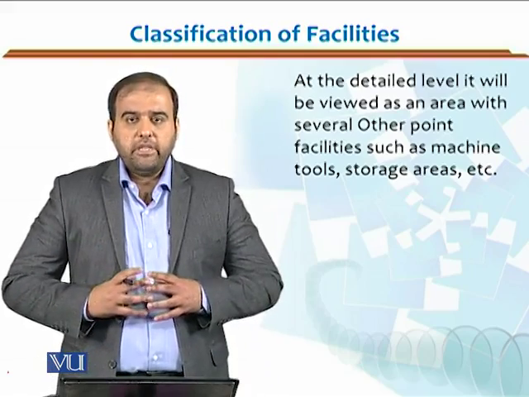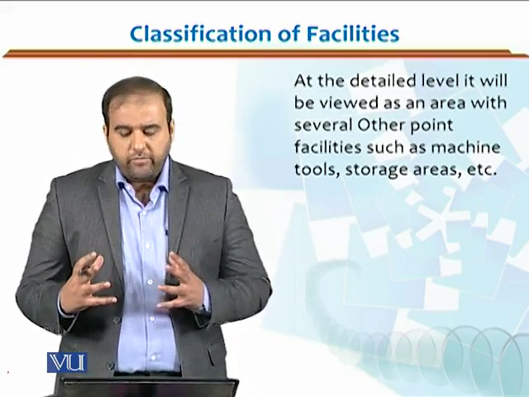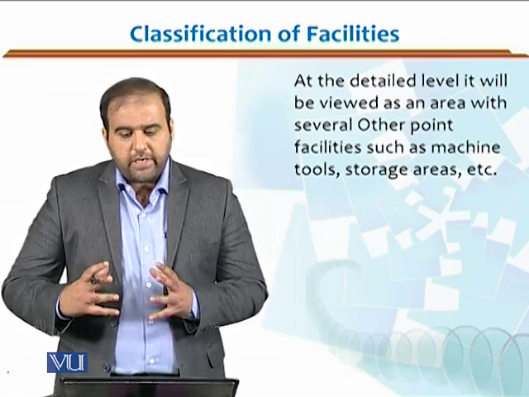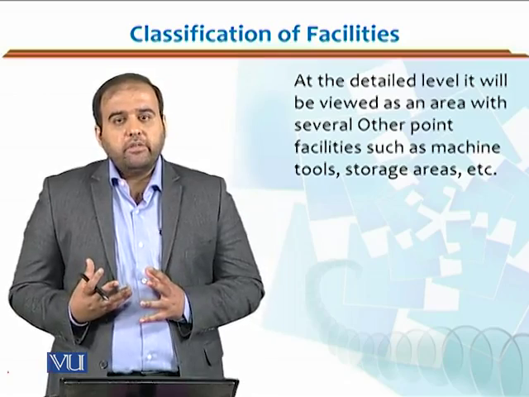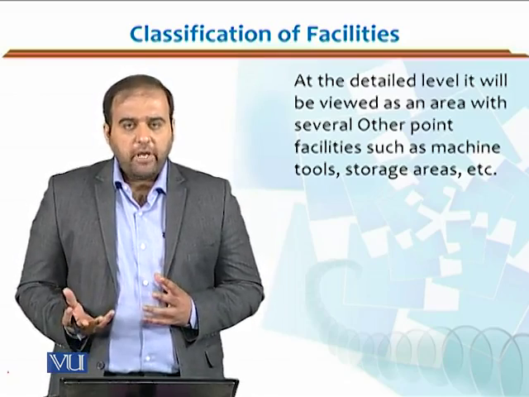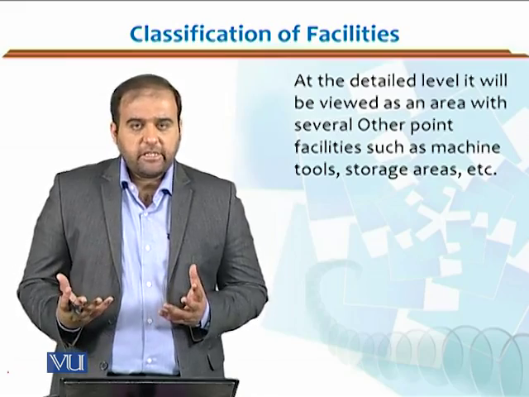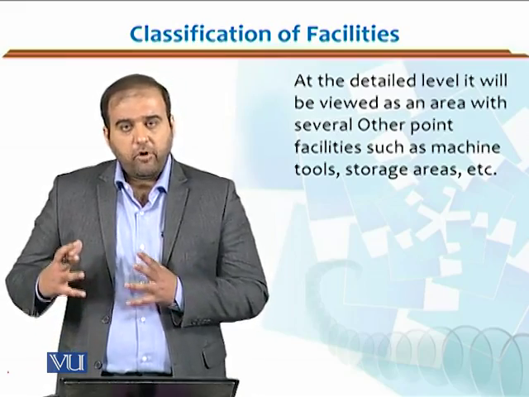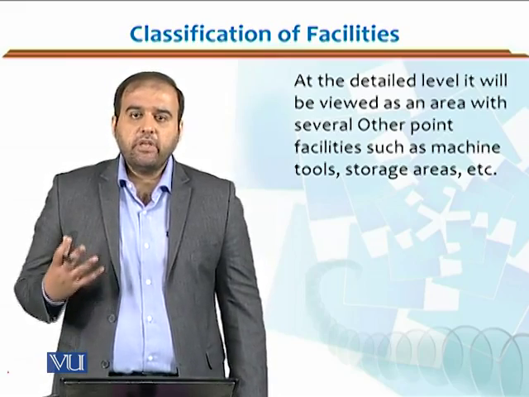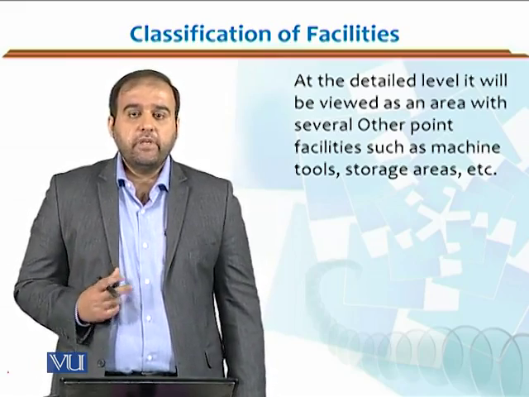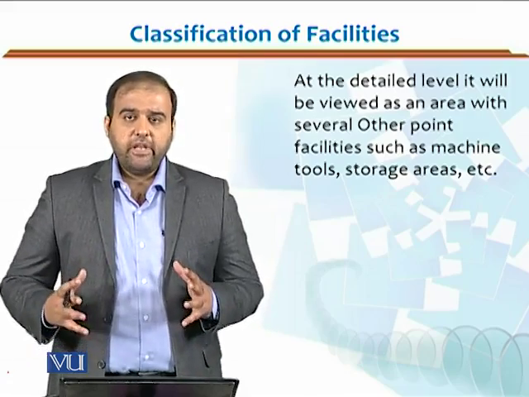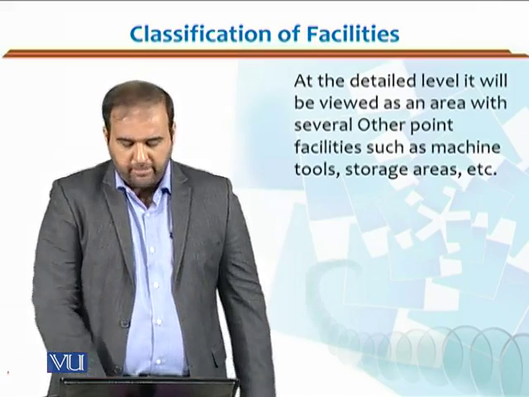It would not be the complete detail, but it would be the detail which would actually give me what would be the storage capacity of it, how many machines are there, what type of tooling is there, what type of facilities are available there, what type of operations I can do in that plant, let's say, and if it's a warehouse, what type of inventory I have there. So that type of detailed map would also be there. And at the detail level, it would be viewed as an area.